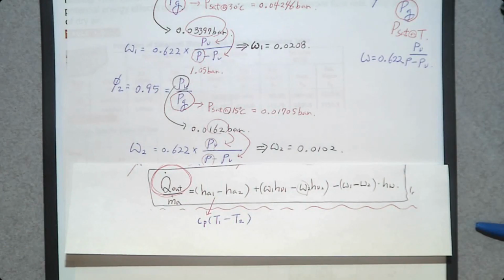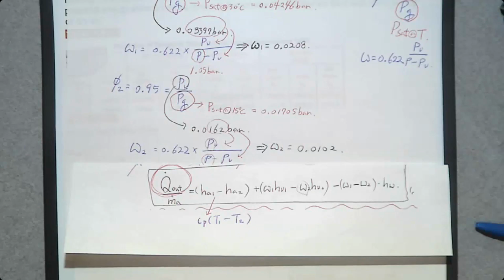Wait, should we say TA1? There's hA1. Should we say TA1? Why do we say hA1? Because hA1 is different from hV1. What about TA1 and TV1? They are the same.